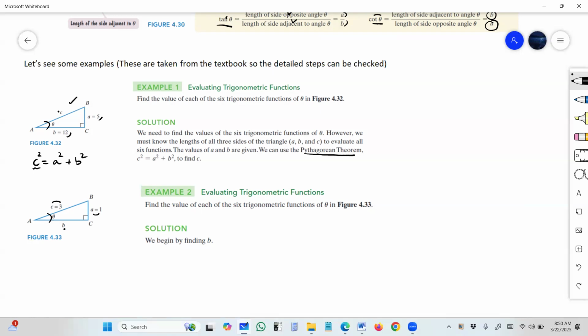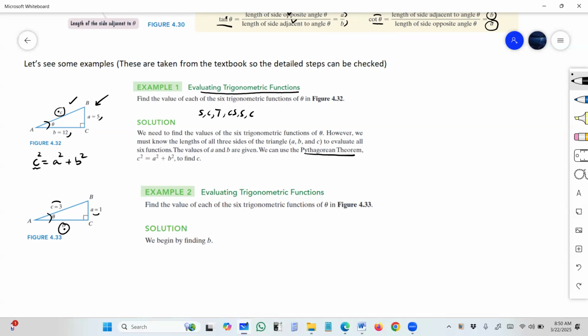So in the case of the first triangle here, example 1, we have to find c, right? Our goal is to find all of the trigonometric functions. So sine, cosine, tangent, cosecant, secant, and cotangent. All right. Before we do that, I have to find c. We have to find all the sides.